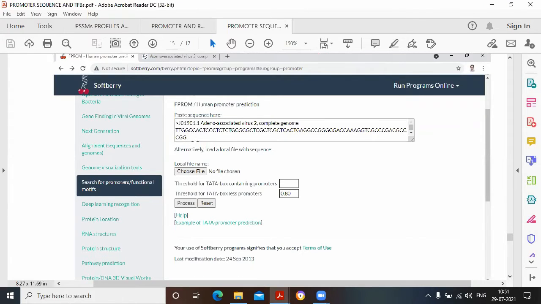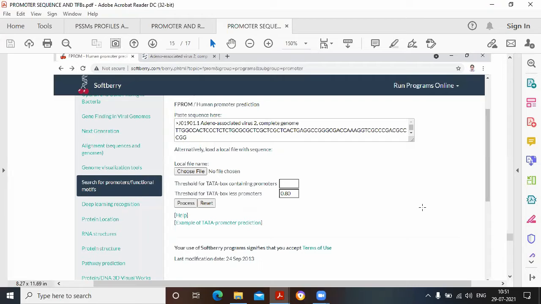Remember, you need to provide the complete genome sequence. If you provide a partial sequence, then as per the cutoff value or statistical parameter, it sometimes may show that no starting site or no promoter site is predicted at the provided cutoff values.